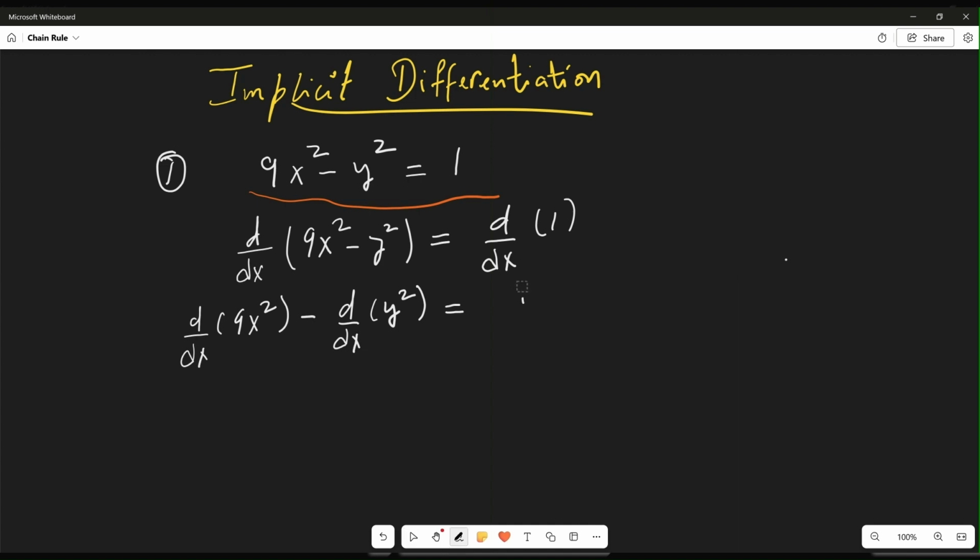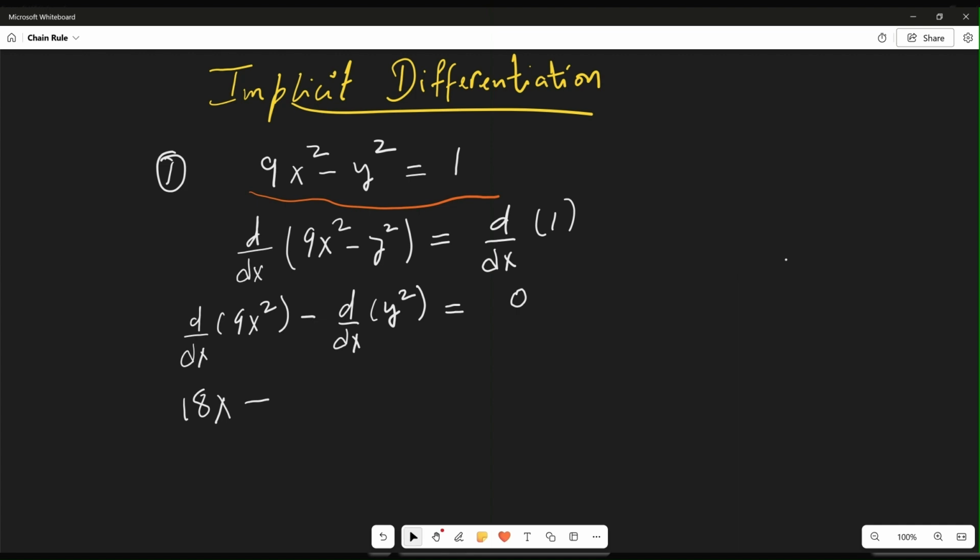We know that the derivative of a constant is 0. The derivative of 9x squared is simply the power rule, right? So 2 comes in multiplication and then subtract 1 from the power, so it's 18x.